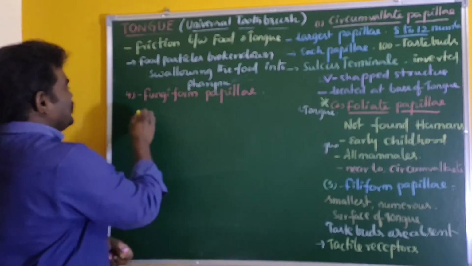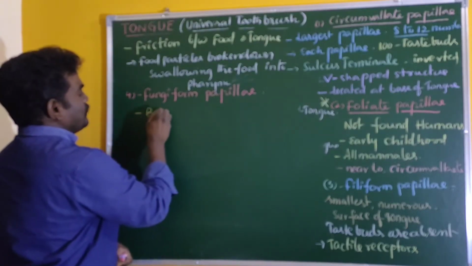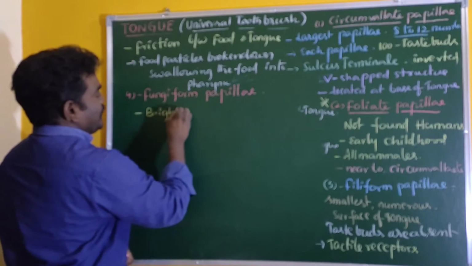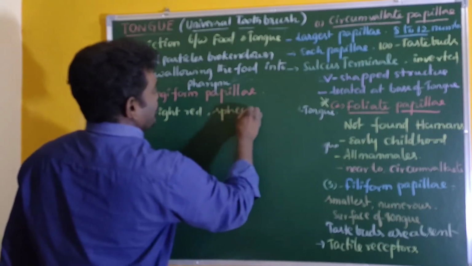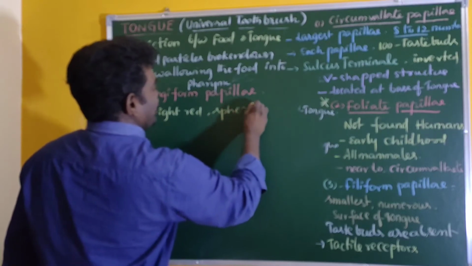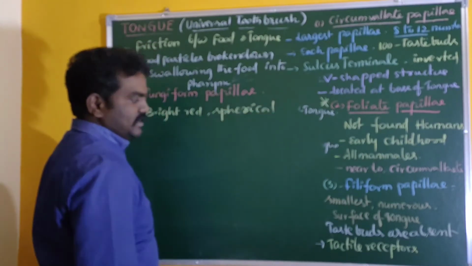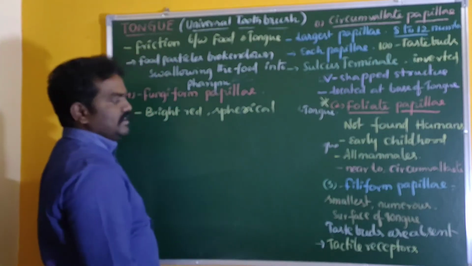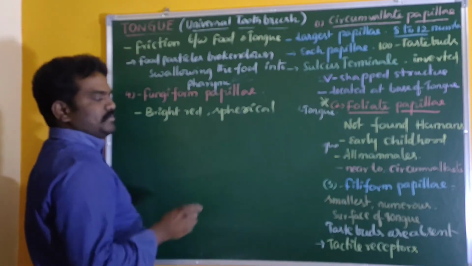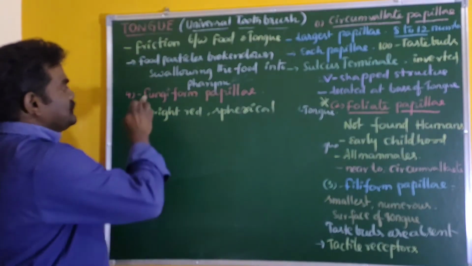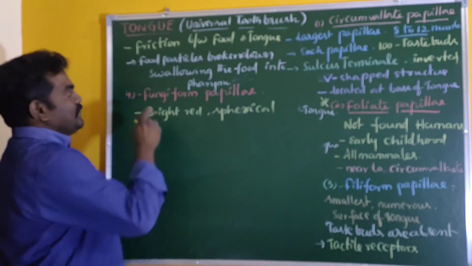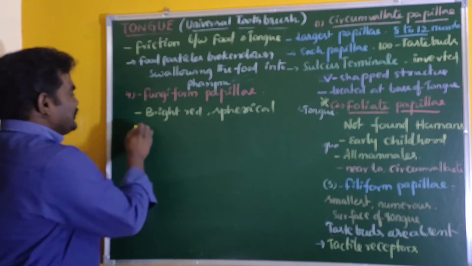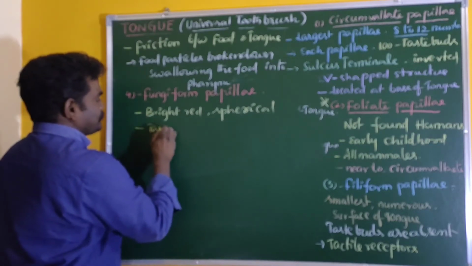They are usually bright red and spherical shaped structures, but filiform papillae are white conical shaped structures. In filiform papillae taste buds are absent, but in fungiform papillae taste buds are present.